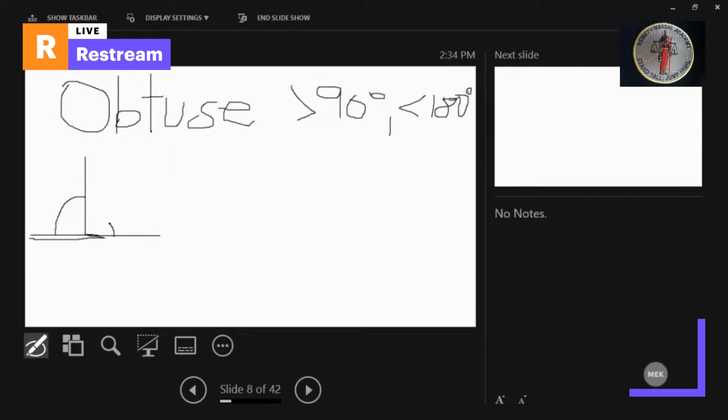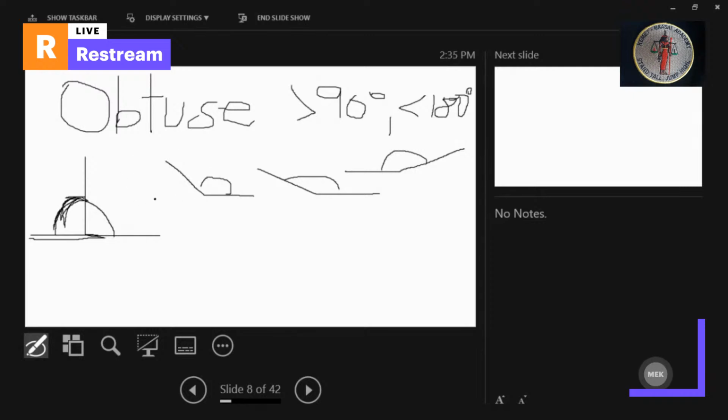So once the angle is bigger than the 90, once this line passes here and starts going towards that direction, so anything like this or that, or the other direction, that, right? So these are obtuse. They pass the 90 degrees and they're going towards the 180.